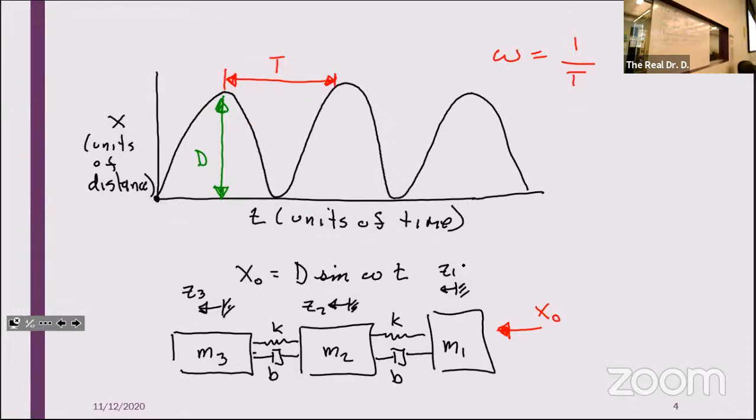Please hold. So D for our system is 0.5 inches, and R, the radius of our gear, is roughly 1.5 inches.